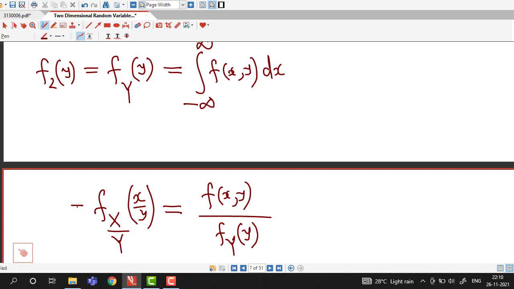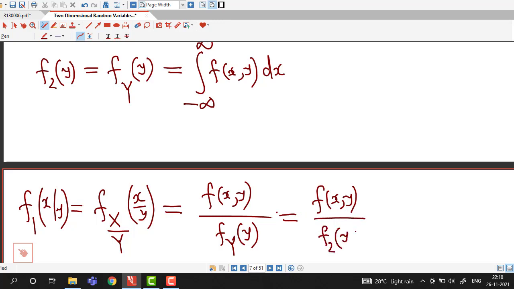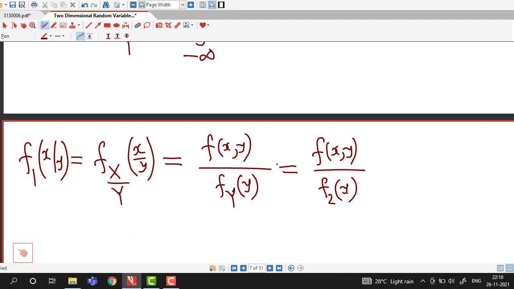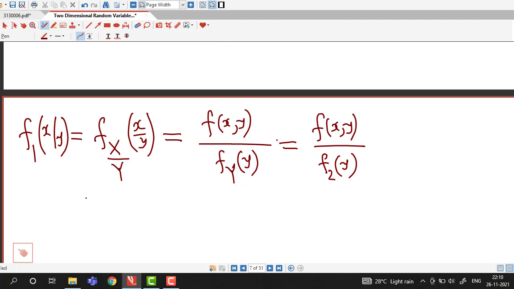So instead of this notation, they have used this notation, f1 of x given y, and instead of this notation for marginal density of y, they have used this notation, f2. And this we have calculated for particular value of y, which is given as 0.5.